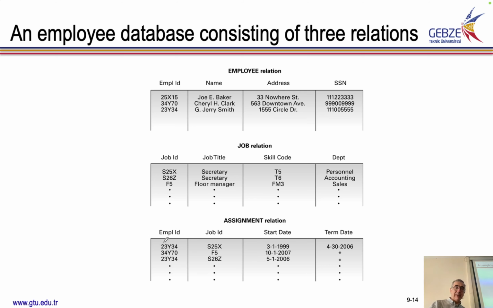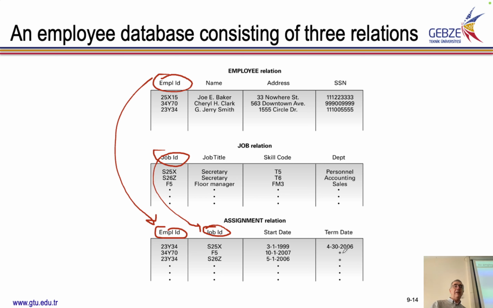This is the employee. This is the job ID. So employee comes from here. Job ID comes from here. Then you have start date, end date. So who does what?